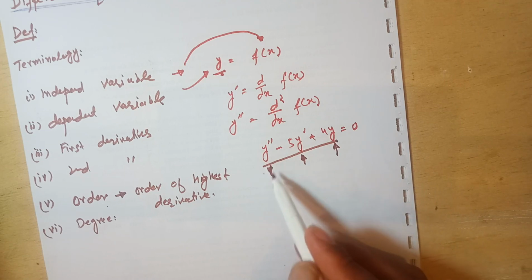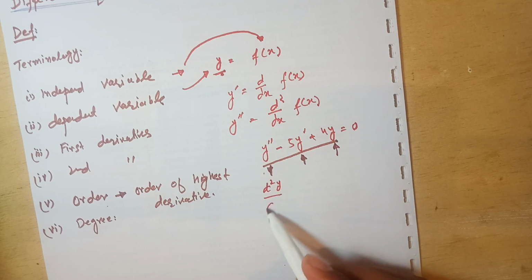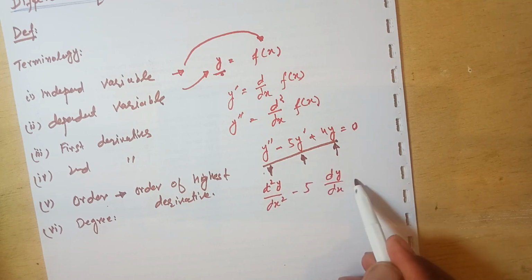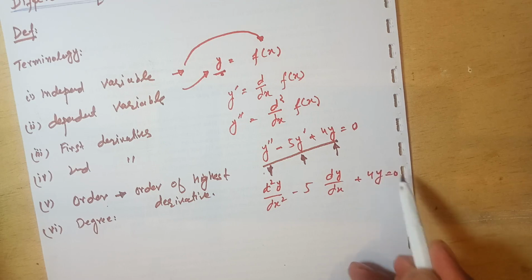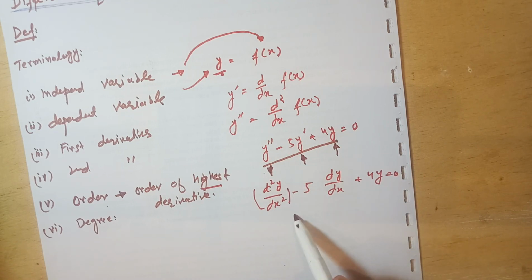If I write this equation like that, d square y divided by dx square minus 5 dy divided by dx plus 4y is equal to 0, now the highest derivative is that one. So this highest derivative is basically my order. So the order of this differential equation is 2.